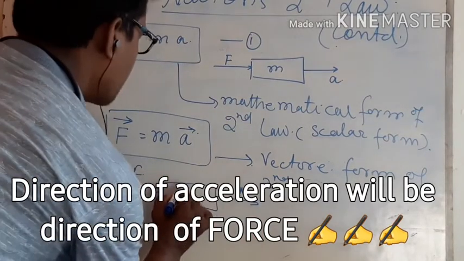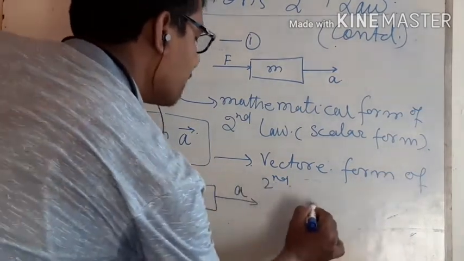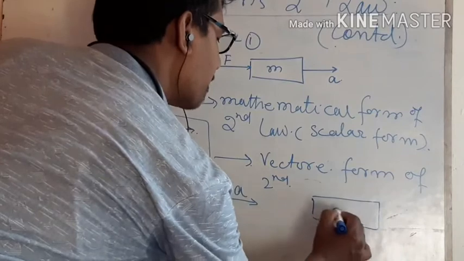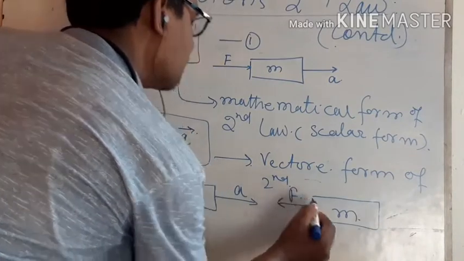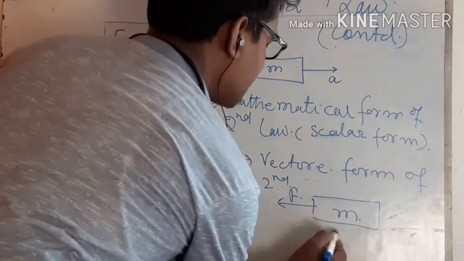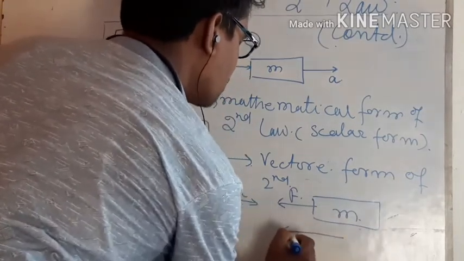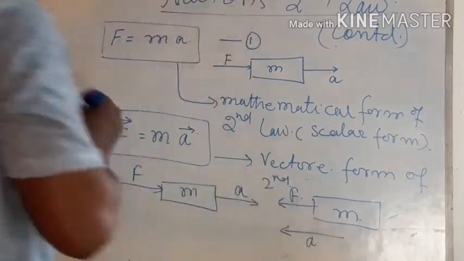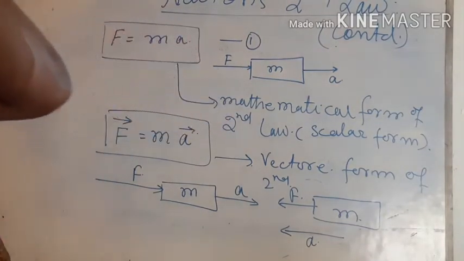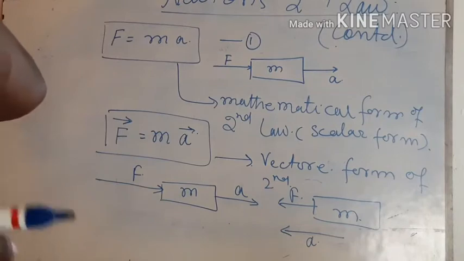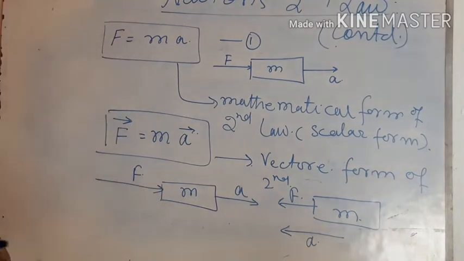Okay, here m is the mass, but if the same body of mass m is applied with a force in this direction, the acceleration will also be in the same direction. This is an important point to be noted in Newton's second law statement, that the applied force is in the direction of acceleration, or you can say the acceleration produced is in the direction of the applied force.